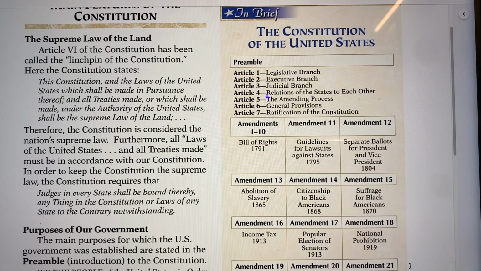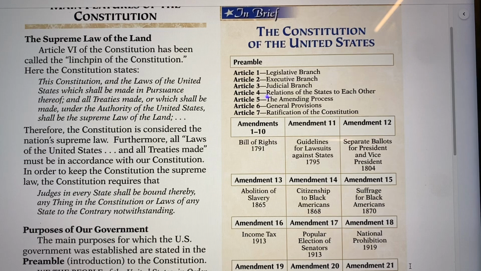So 2/3 of votes in both houses, the Senate and the House of Representatives, to propose. And then it must be ratified by 3/4 of the state legislators, they basically have a special convention, but still have 3/4 of the states. So this is Article 5 describing how to amend the Constitution.